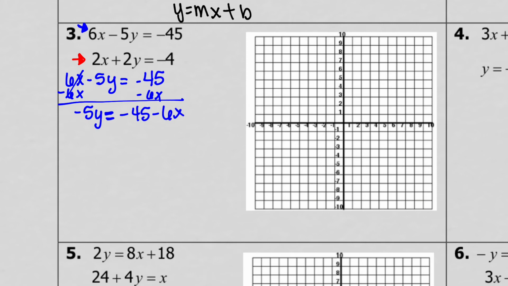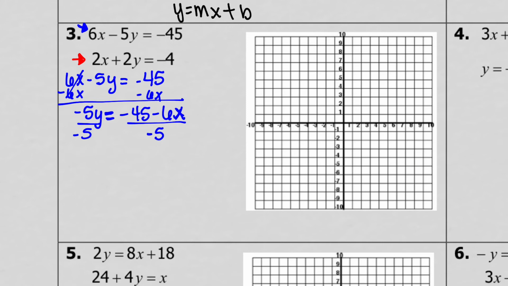What do I do now to isolate my y? Divide by 5. I need one more thing. What else do I need to divide by? I need to divide by the negative. So it needs to be divided by -5.